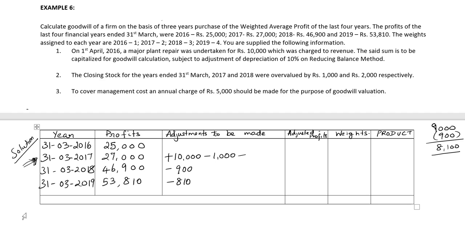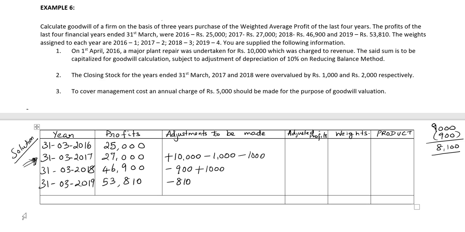So I will deduct the 1,000 here. Now the closing stock on 31/3/17 becomes the opening stock on 1/4/17, which will affect the next year. So overvaluation of opening stock will decrease the profits. I need to add back the 1,000 now.